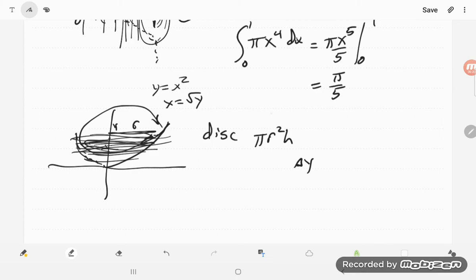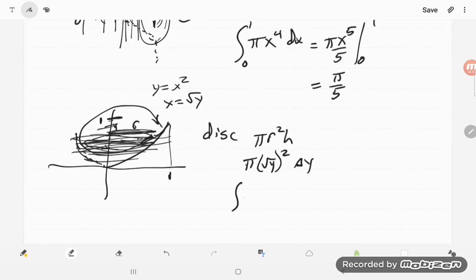And so in this case, for this thing, and remember, we were at 1 here, but that means we're also at 1 there. And so we're going to slice up the y-axis, and we're going to have pi square root of y squared when we slice that thing up, and for a given disk.